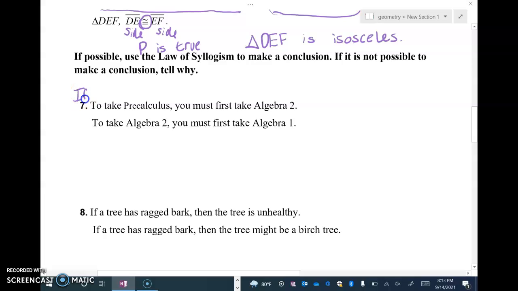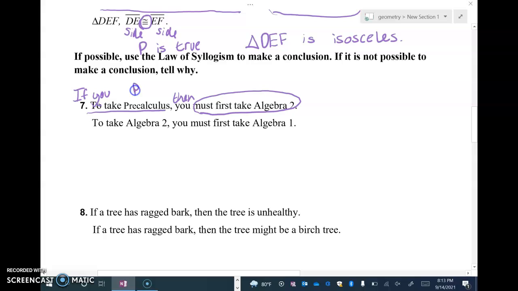We can also write this as if you take pre-calculus, then you must first take algebra 2. I think you guys might be more comfortable when you see it that way. Now you know this is your P, and your Q is you must take algebra 2 first.